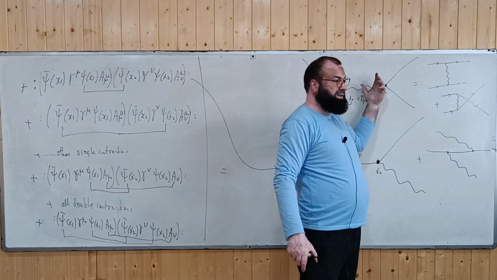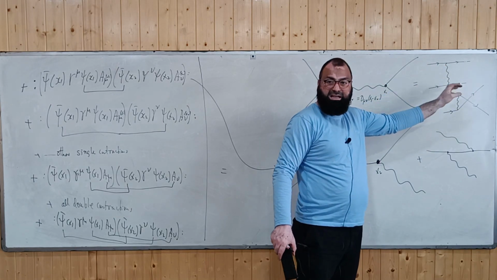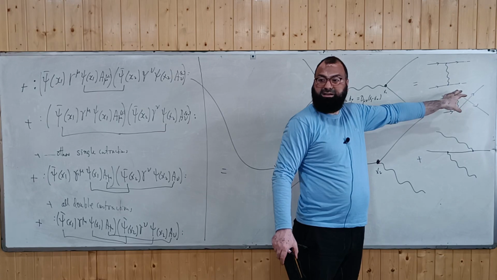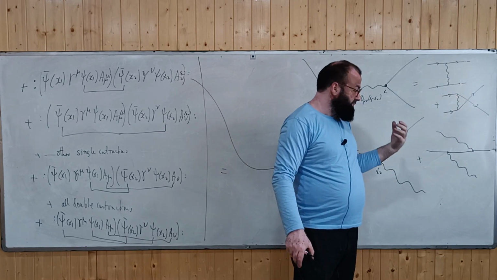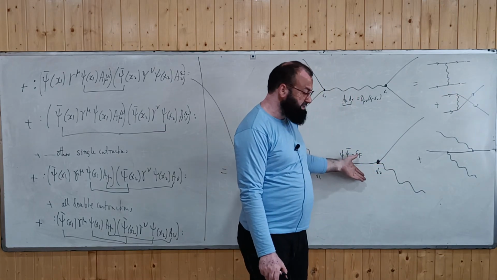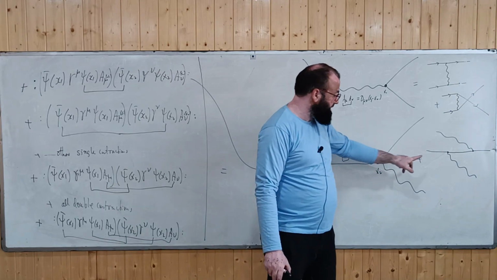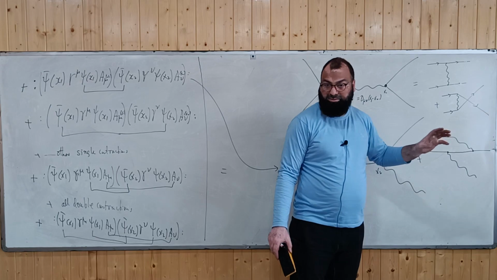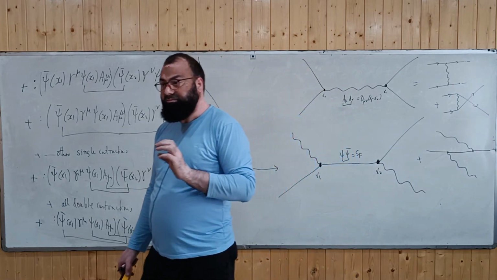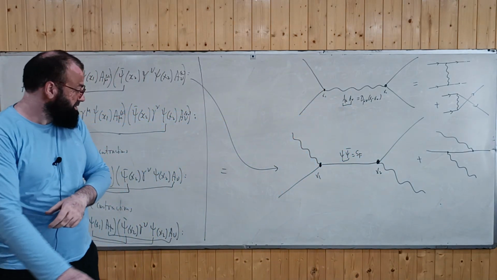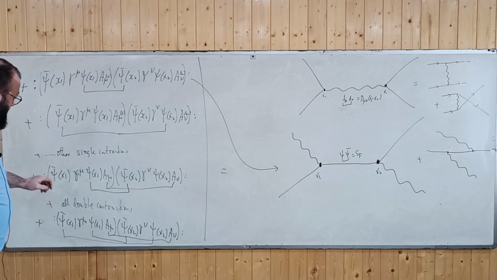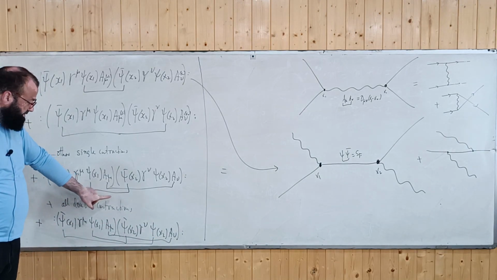This is a symbolic diagram, but when you do the calculations, these are the diagrams which will contribute to electron-electron scattering. And for the Compton effect, this is a symbolic diagram, but when you do the computations, it will be this diagram plus this diagram. So, got it? Okay.